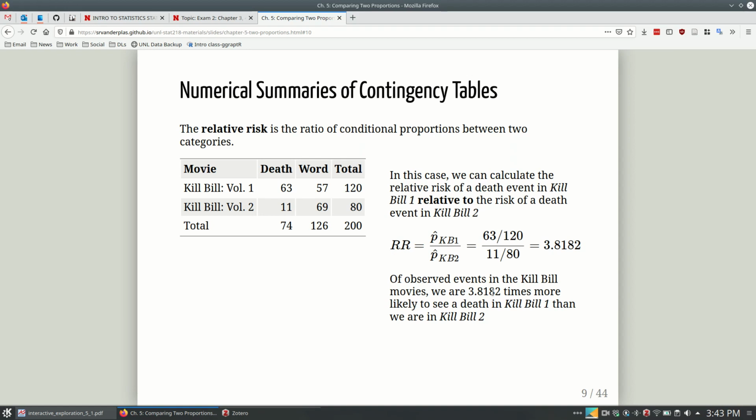And we interpret this, so in this particular case, of observed events in the Kill Bill movies, we are almost 4 times more likely to see a death in Kill Bill 1 than in Kill Bill 2. So the relative risk is a nice single number summary of a contingency table. Sometimes it's more useful and easier to interpret than others.